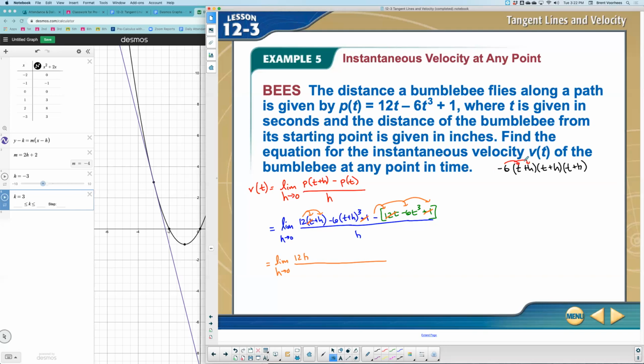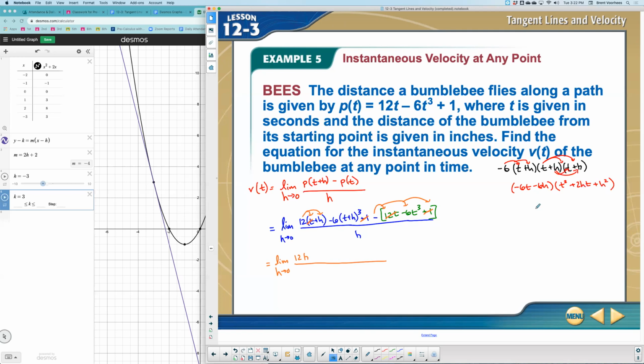So we could multiply here the first time through. The -6 will just distribute to this first parenthesis, so I'd have -6t minus 6h. And then this would multiply. If I wanted to FOIL out this end, I would have t squared plus an ht plus another ht, which is 2 ht's if you've seen me FOIL a few times, plus h times h, which is an h squared.